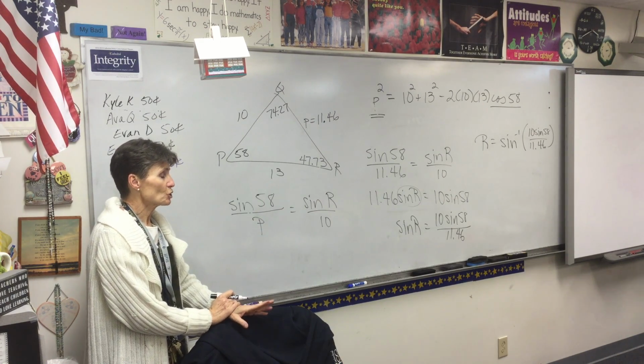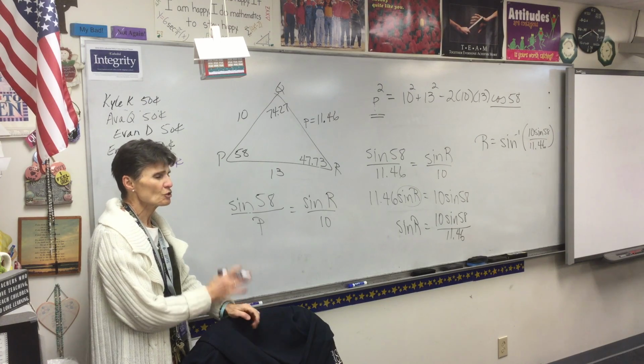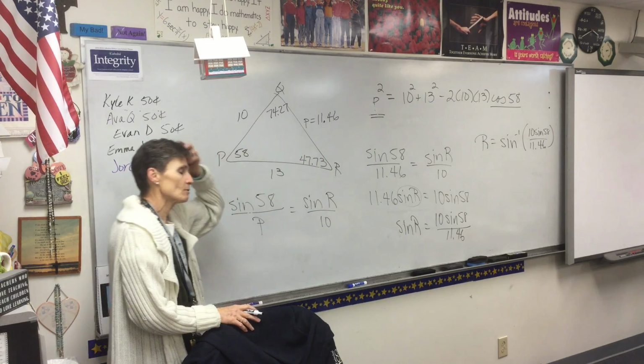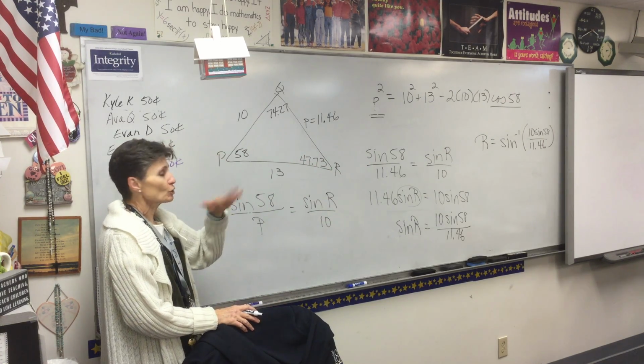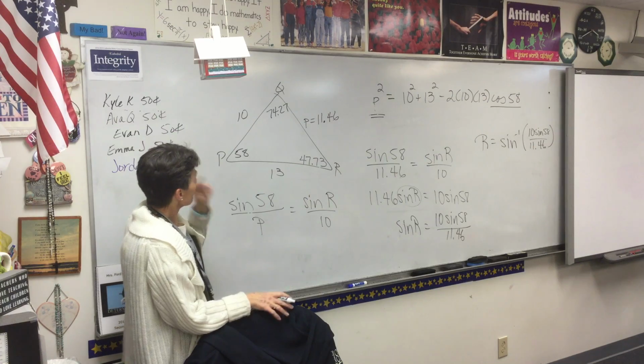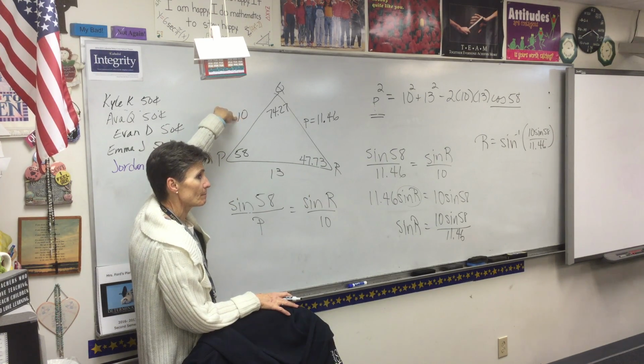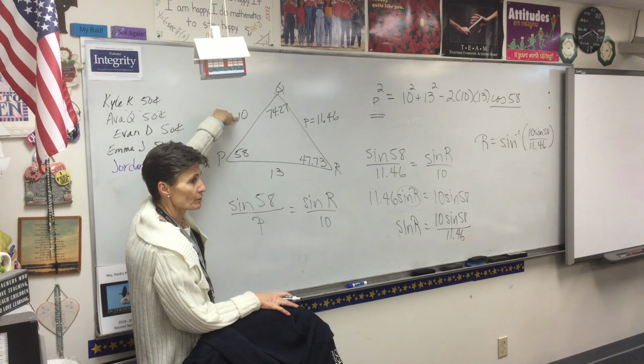Now, a little built-in check before we do another example. This is your first one, although some of it we've done before, but that law of cosines is a little confusing. But a little check you have is, does it make sense to you that that would be the smallest side? Think about what you learned in geometry.